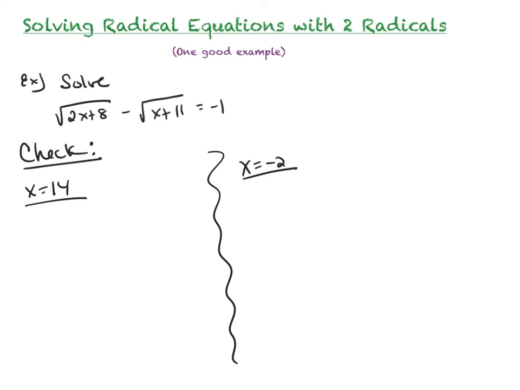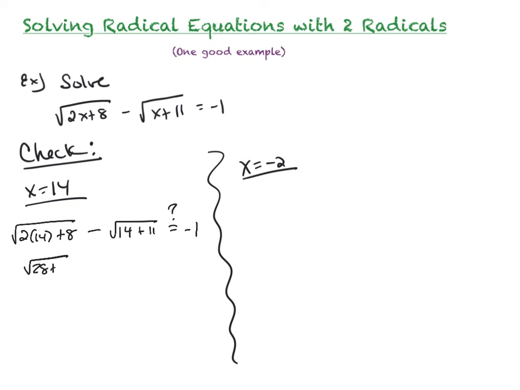So when we check, we plug it into the original problem. So everywhere I see an x, I'm going to replace it with a 14. So 2 times 14 plus 8 in the square root minus the square root of 14 plus 11. And I hope this equals -1. Okay, let's simplify a little more. 2 times 14 is 28.